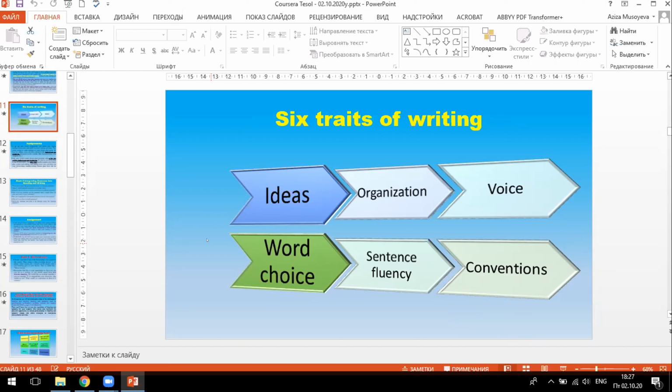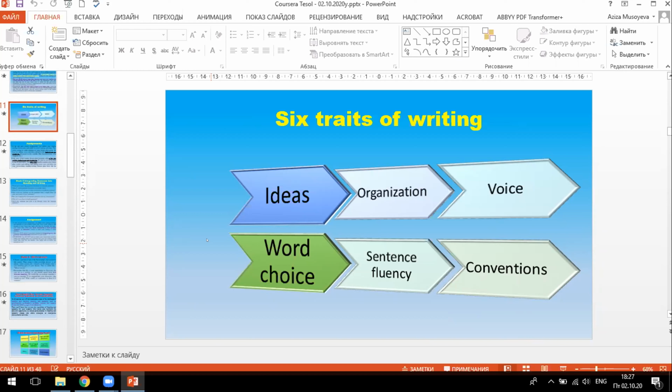If you just give them, write about globalization, it may be very difficult for them. That's why you give them a chance to speak. When they speak, they know what to write. Then you ask them how to organize. For example, as we know, an essay has an introduction, body, and conclusion, yeah?